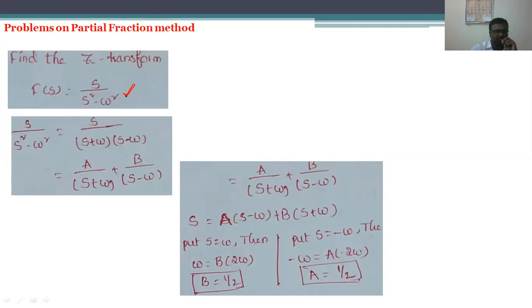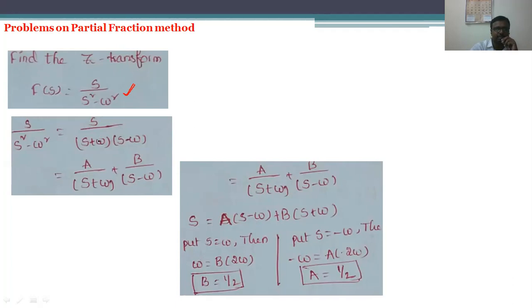With the help of the partial fraction expansion, we expand this: s divided by s square minus omega square can be written as s divided by (s plus omega) into (s minus omega).